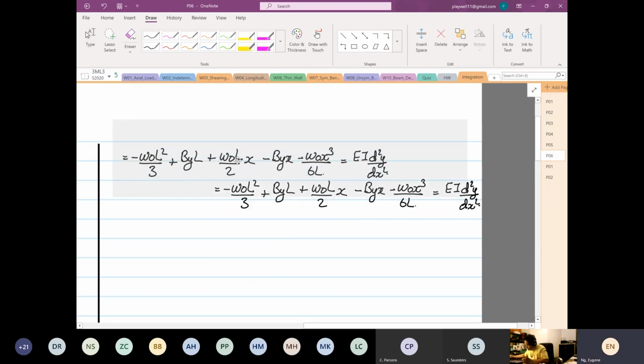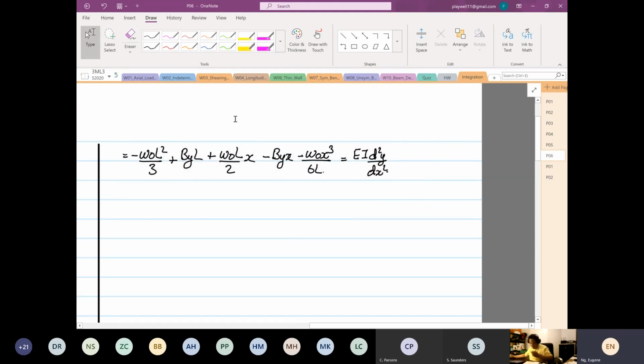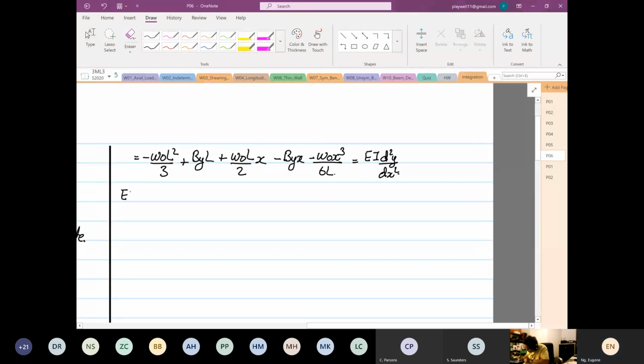So immediately from here, we can find our EI dy by dx. So you integrate the whole thing.